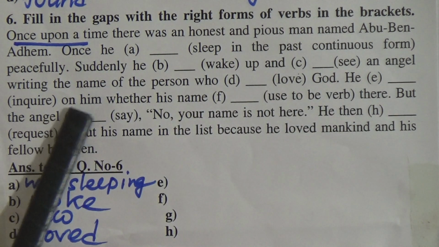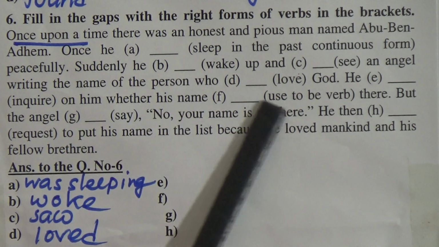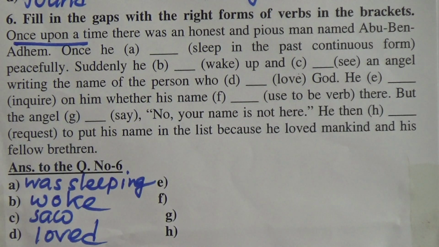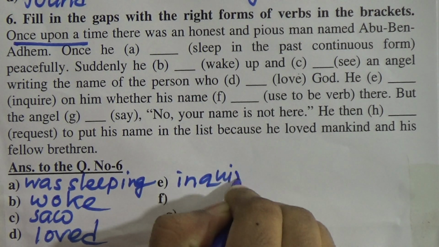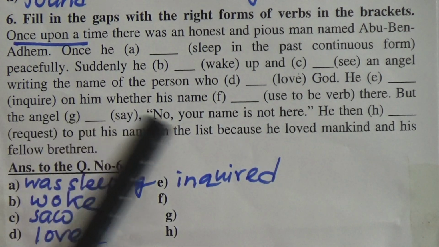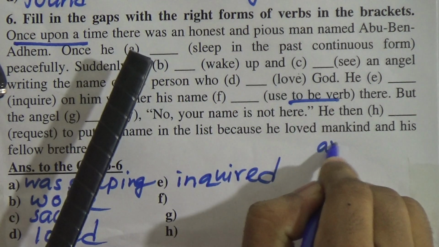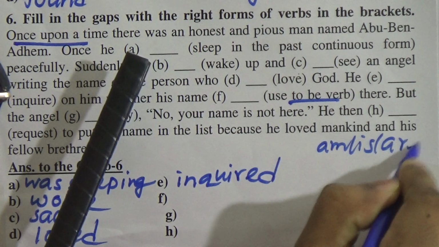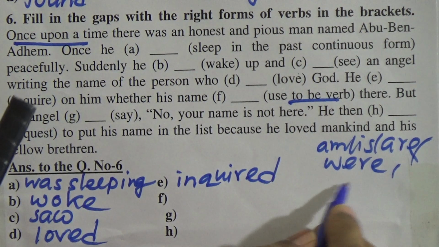He inquired of him whether his name used to be there. So the past form of inquire is inquired, I-N-Q-U-I-R-E-D, and whether his name to be means am, is, are, where. So as past tense we will use was or were.